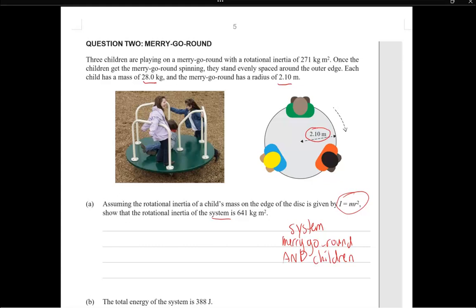We already know the rotational inertia of the merry-go-round. It's 271. So that means the inertia of the system is just going to equal the inertia of the merry-go-round plus the inertia of the children. Right, all 3 of them, not just one.